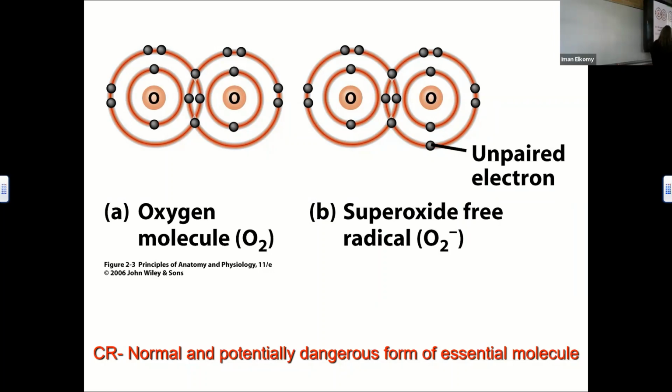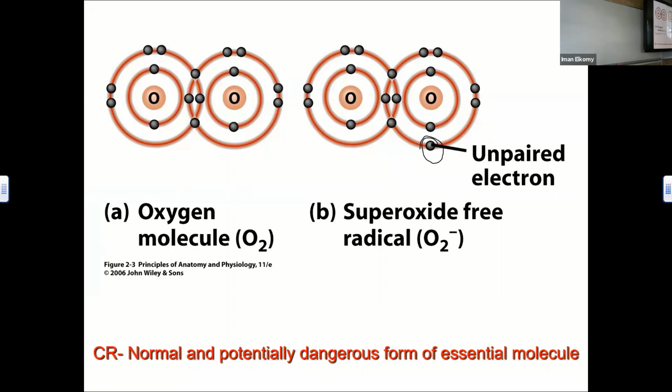Okay, so here we have an oxygen molecule. I've got two oxygens that are bound covalently. Look at this one here. This oxygen had an extra electron. Now, notice that these are all evenly distributed. Those can form other bonds because they're even.